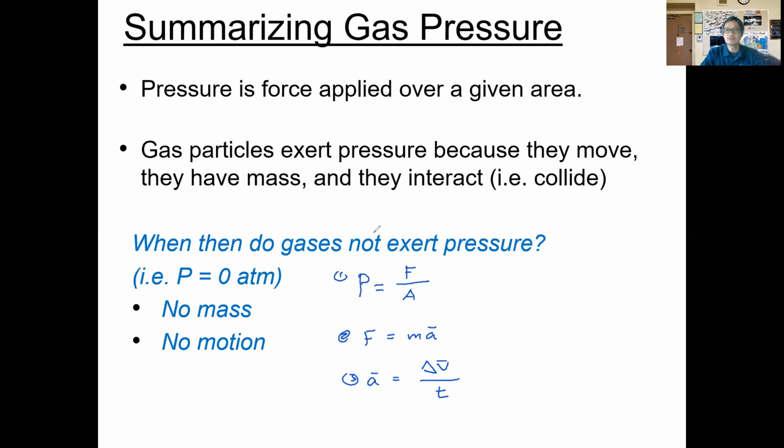Make sure you understand what each one of those equations tells us. In physics, folks, equations are always used to identify or describe certain phenomena that we can observe. So make sure you are able to use these three equations to understand what they mean. I'm going to use them to answer this question: when do gas particles no longer exert any pressure? We'll talk about that on Monday.